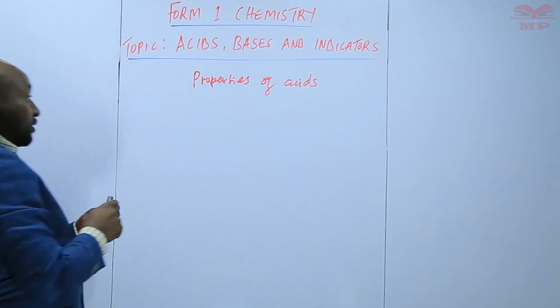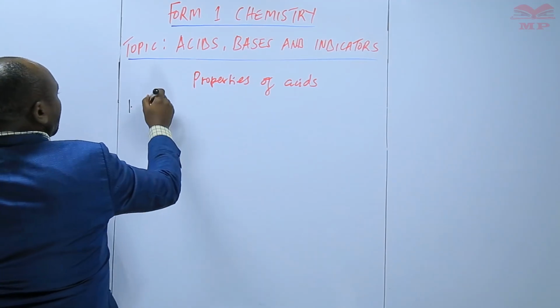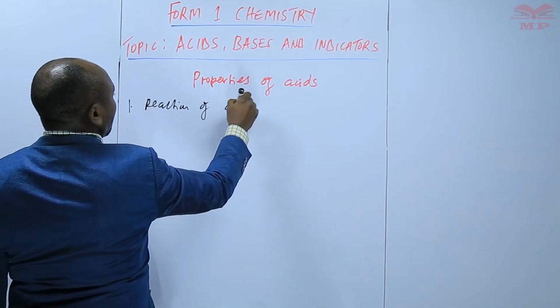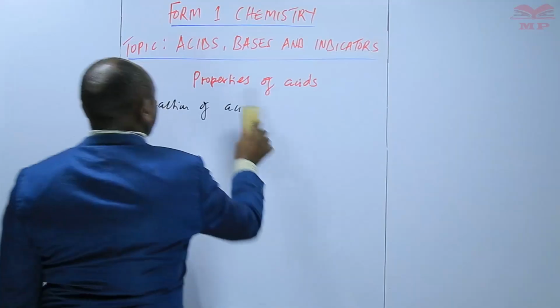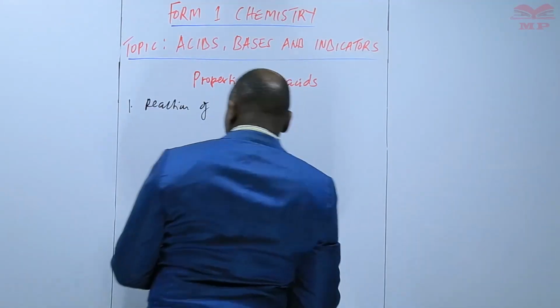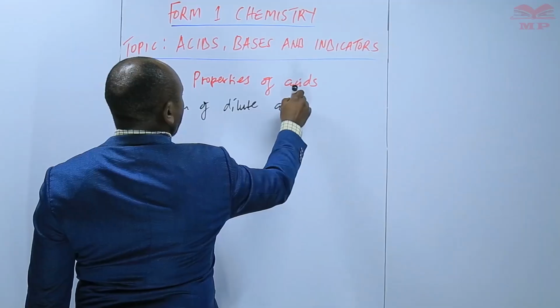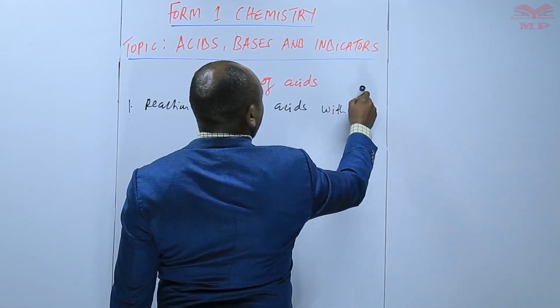And the first property of acids that we shall learn about is the reaction of dilute acids with metals.